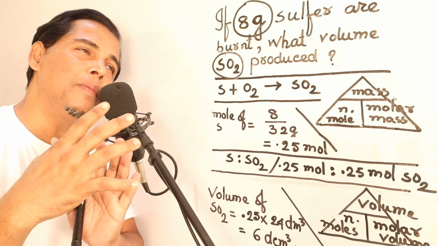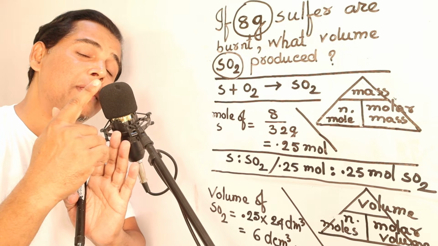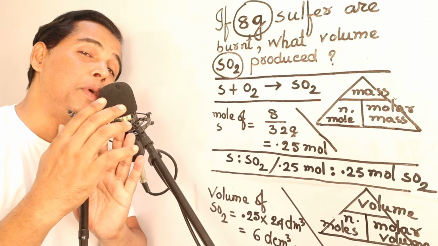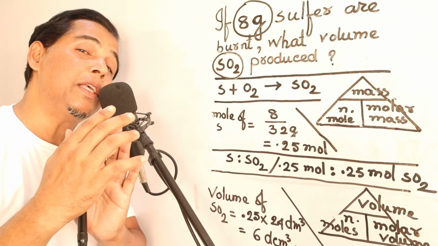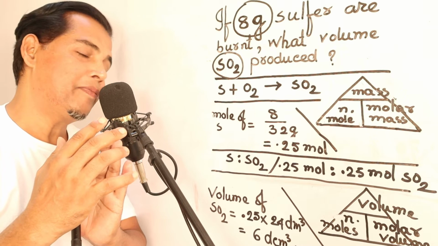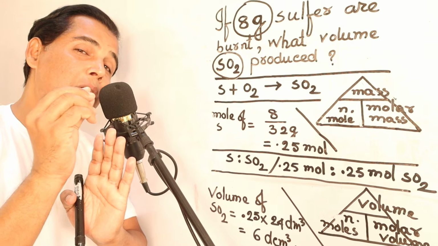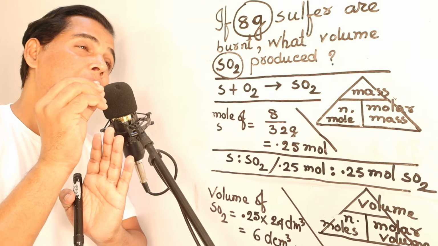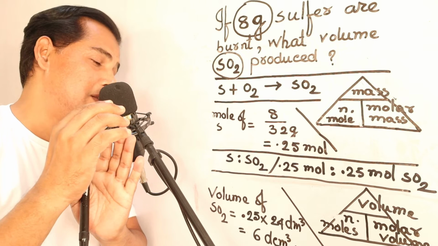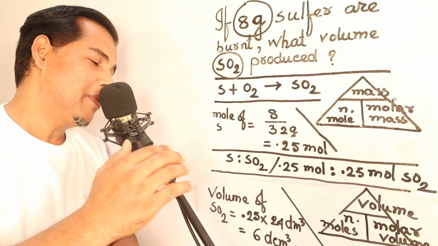What is molar volume? 1 mole of any compound occupies 24 cubic decimeters.